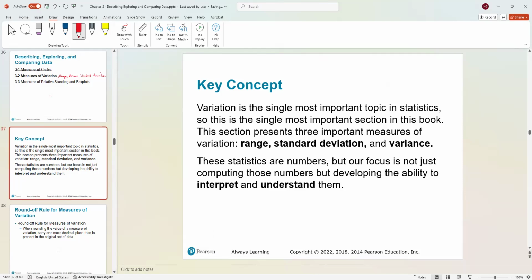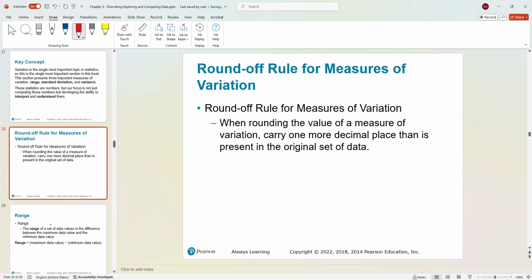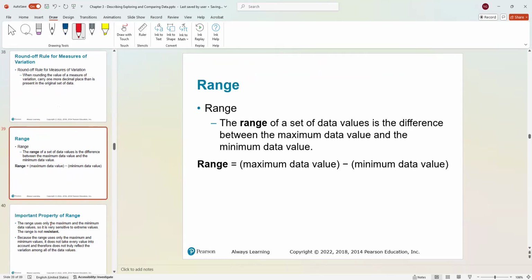These statistics are numbers, but our focus is not just computing those numbers, but developing the ability to interpret and understand them. Rounding rules for measures of variation: when rounding the values of a measure of variation, carry one more decimal place than is present in the original set of data. So it's very important to verify this.